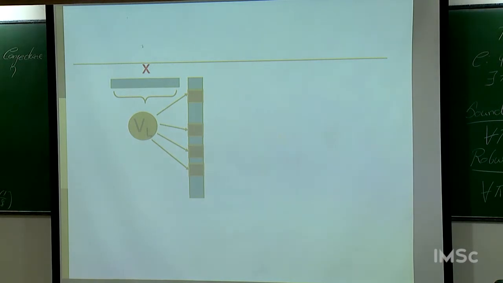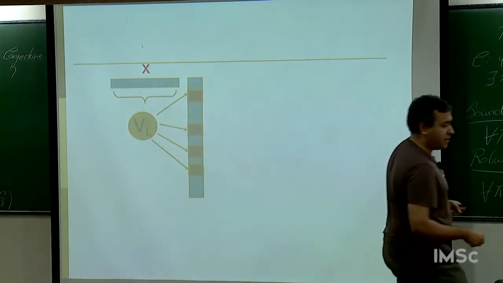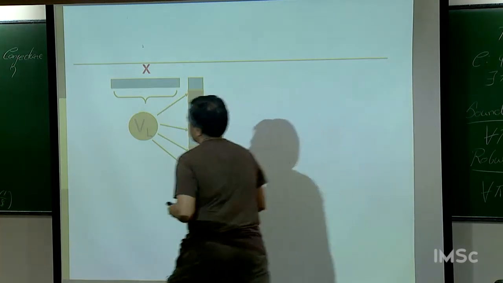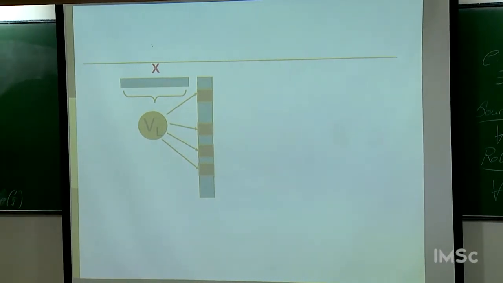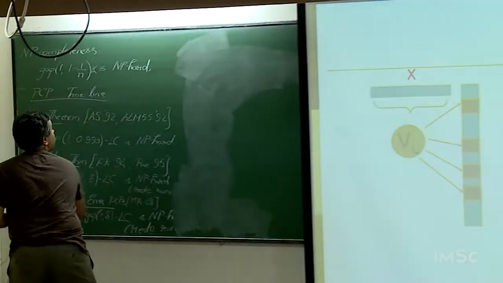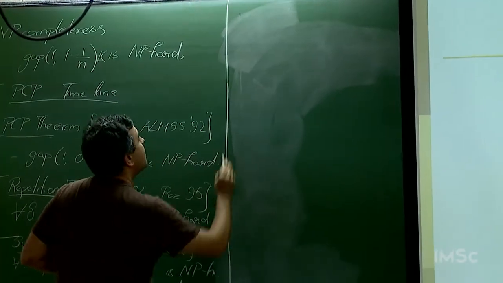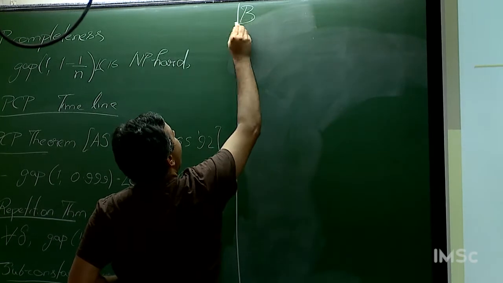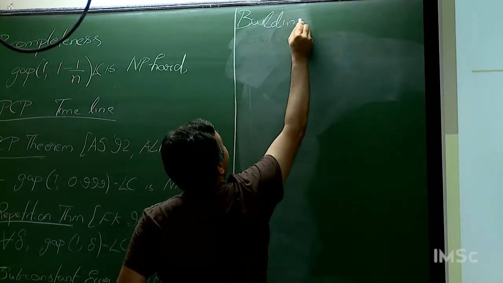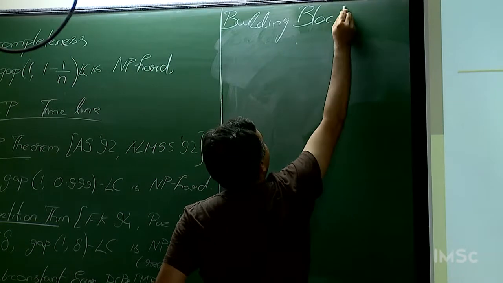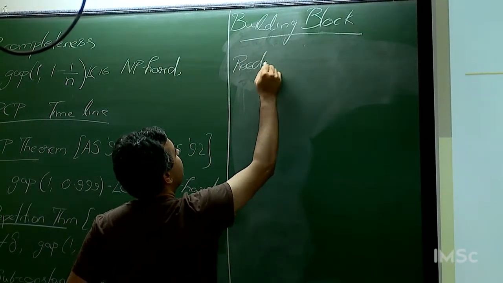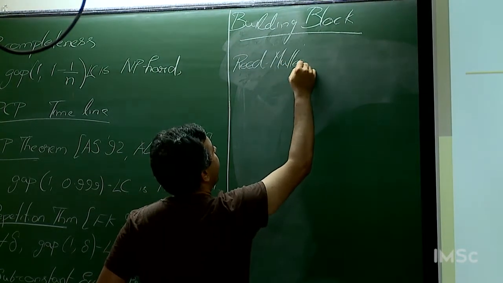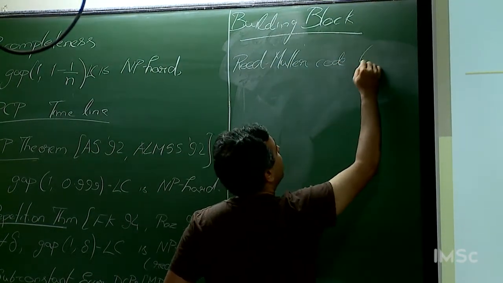So one of the first building blocks is this Reed-Muller code based PCP.